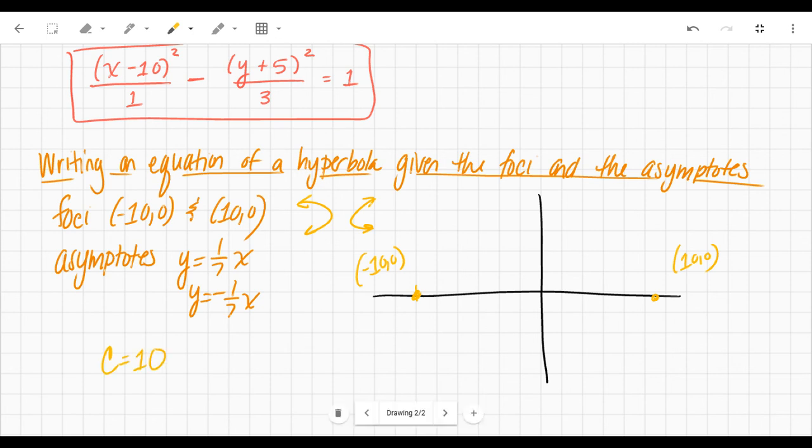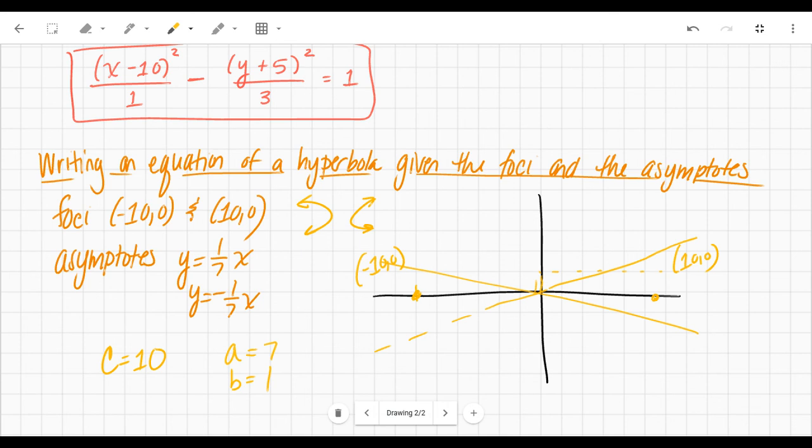Okay. And then our asymptotes 1/7 x and -1/7 x. So the slope is 1/7. So go up 1 and over 7. Oh, I forgot I'm not really drawing it to scale. Okay. And then like this. Now, what that means then, remember, is that that horizontal distance is A. So A would be 7 and B would be 1.